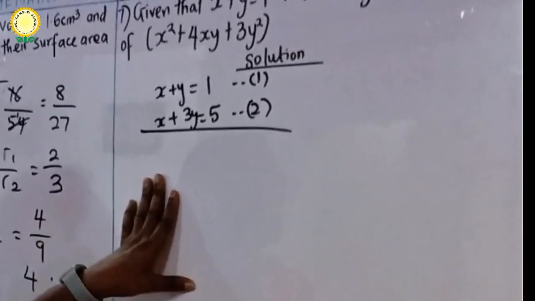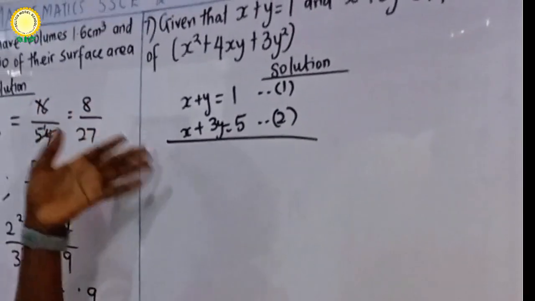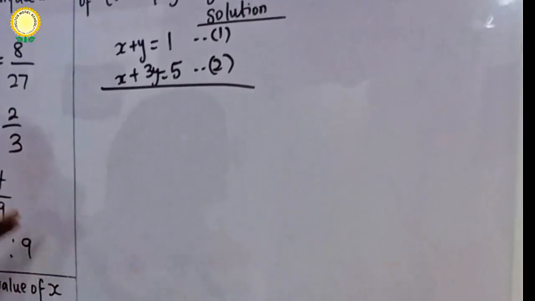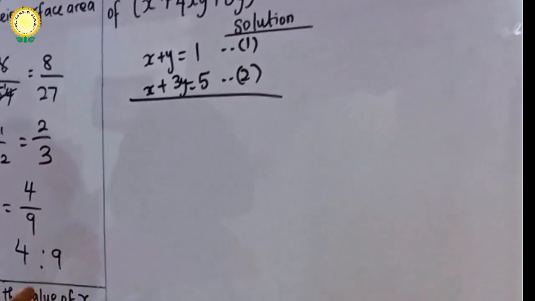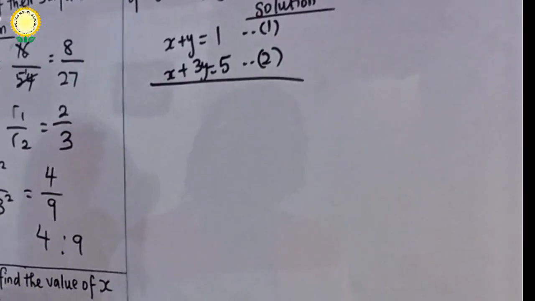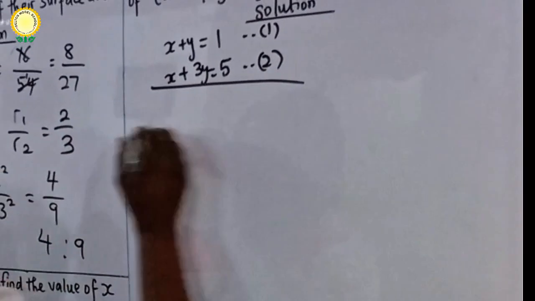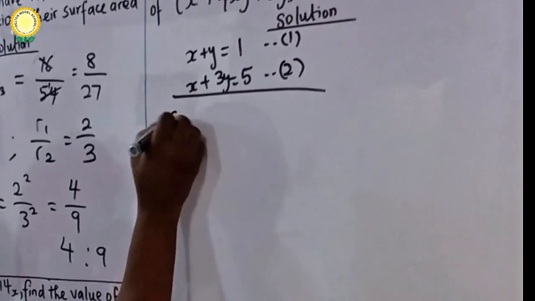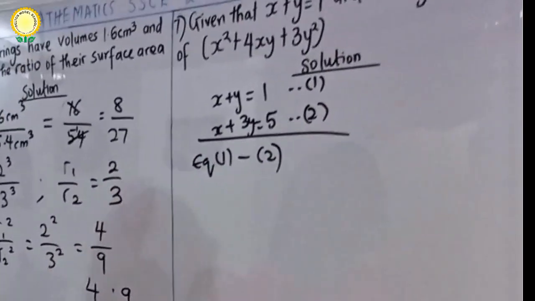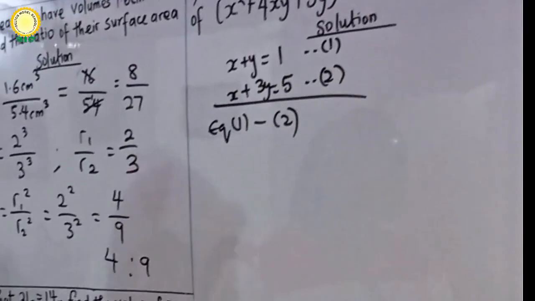There are two methods to solve simultaneous equations: the elimination method or the substitution method. But for this, I think the elimination method will be faster because x minus x will give us 0. So we can say equation 1 minus 2, and we can also say equation 2 minus 1.